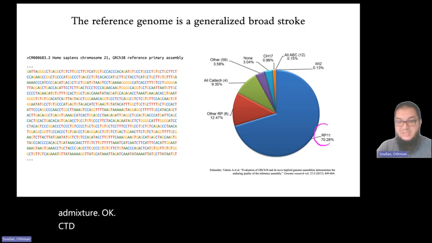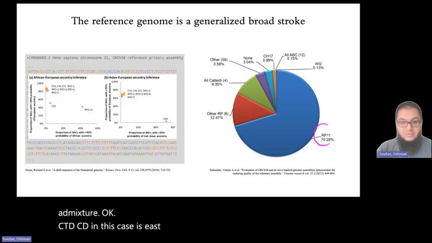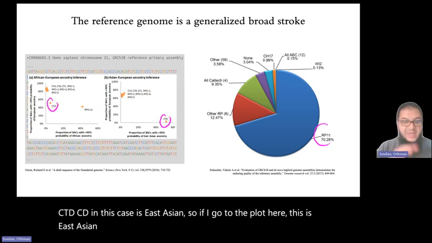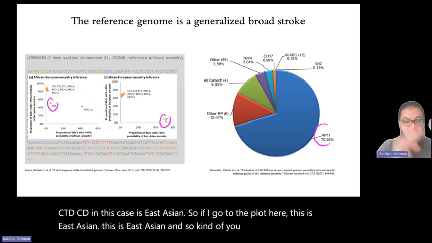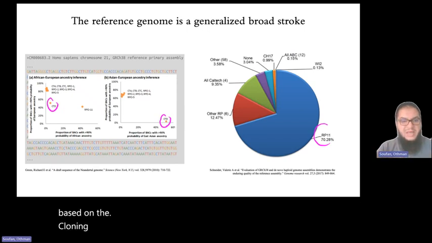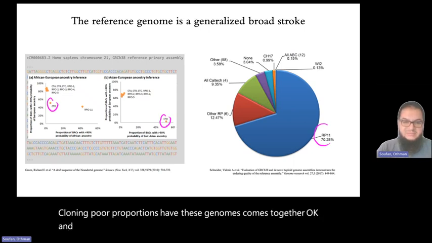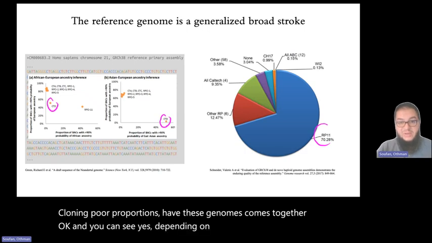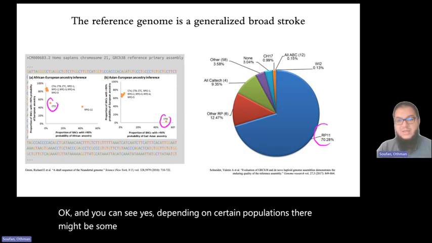Another donor in this case is East Asian. So if I go to the plot here, this is East Asian, this is East Asian. And so we can look at how, based on the cloning proportions, these genomes come together, okay? And you can see, yes, depending on certain populations, there might be some differences.